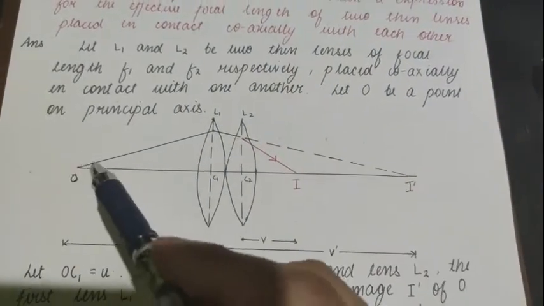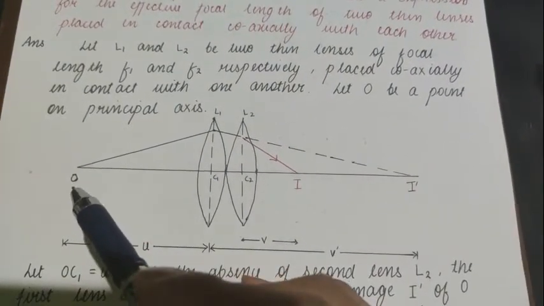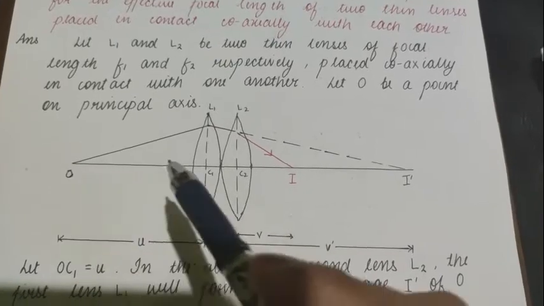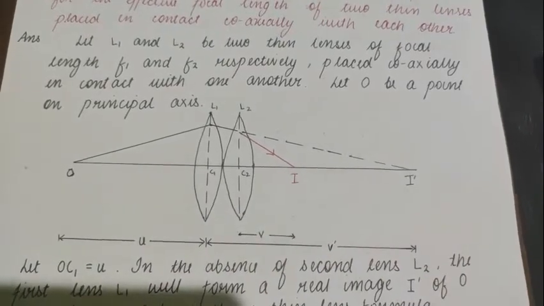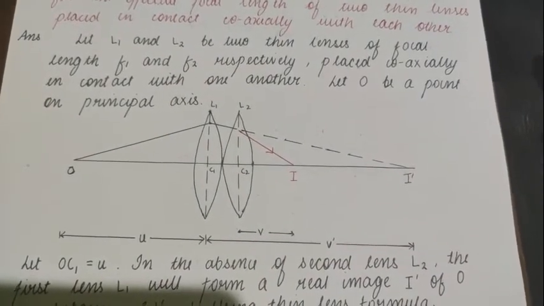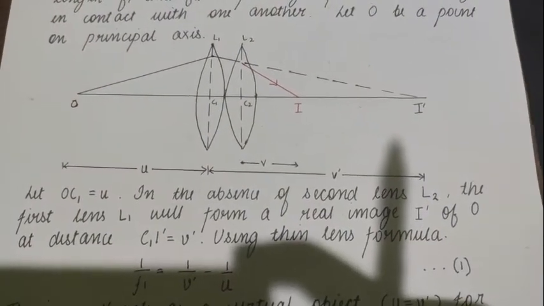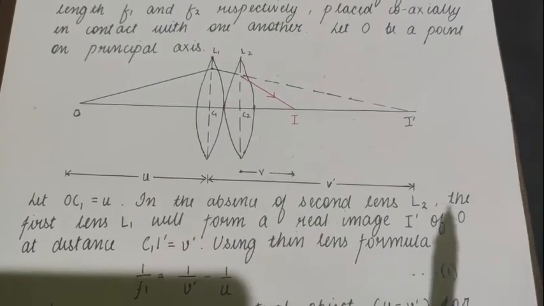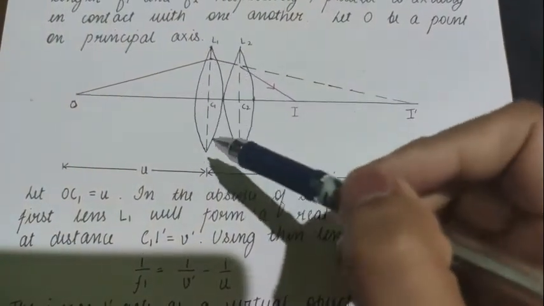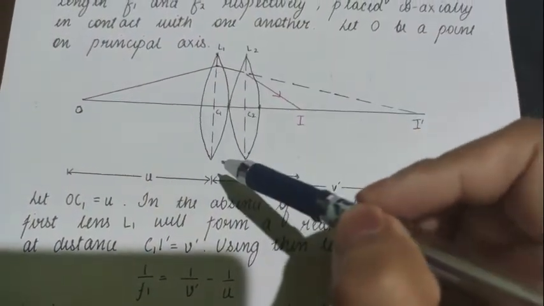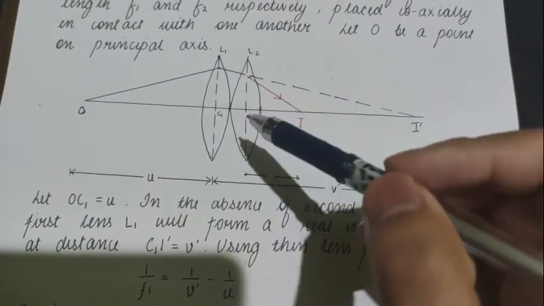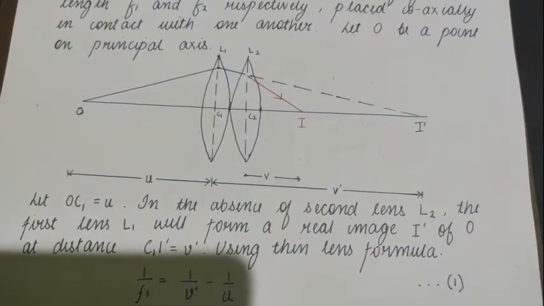Clear? This O is your point object which is placed on your principal axis. To derive this relation, we will consider two cases. Case 1 will be for the lens L1 and case 2 will be for the lens L2.